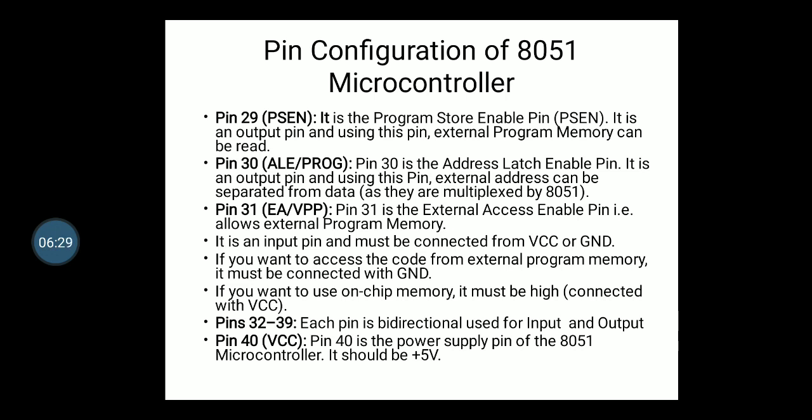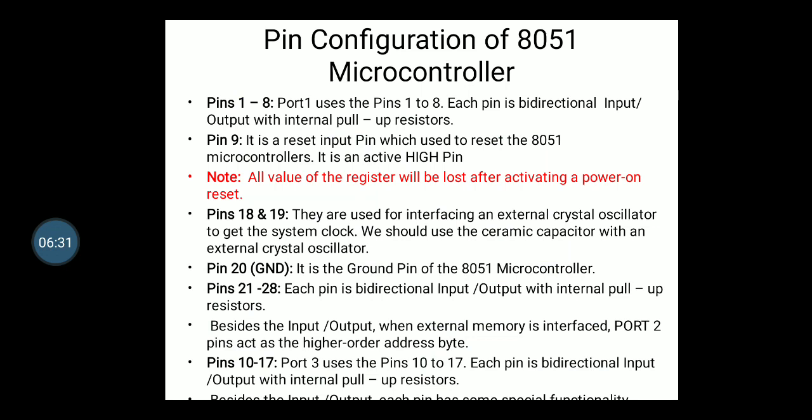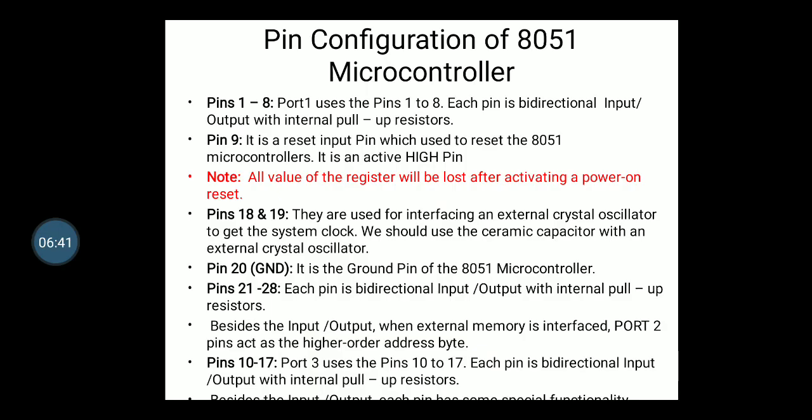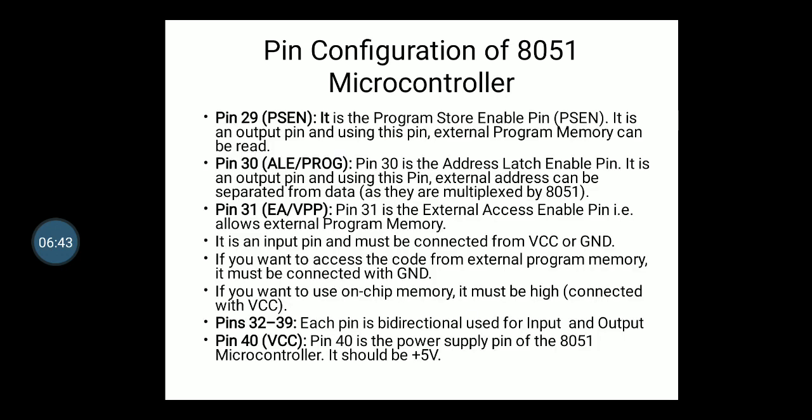Because you can see here port 0 is transmitting address and data also, right? So how will we come to know whether it is sending address or data? For that purpose we have ALE, address latch enable. If ALE is 1, it means address information is being sent, and if ALE is 0, it means data is being sent from that pin.